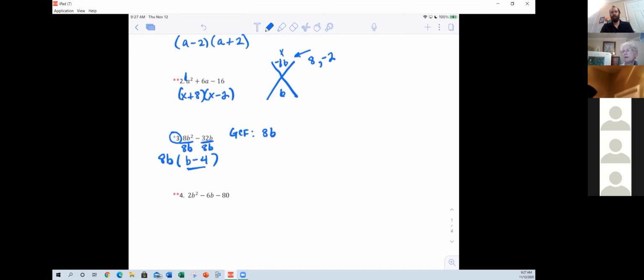So first thing, always, no matter what kind of polynomial you have, GCF. Then if it's a binomial, you're just looking for difference of squares. That's the only thing that can happen after you factored out the GCF. If it's a trinomial, after you factored out the GCF, the only thing that's possible is to factor it by whatever method you like.